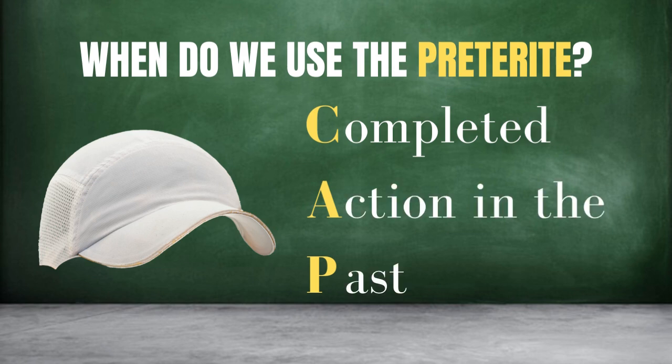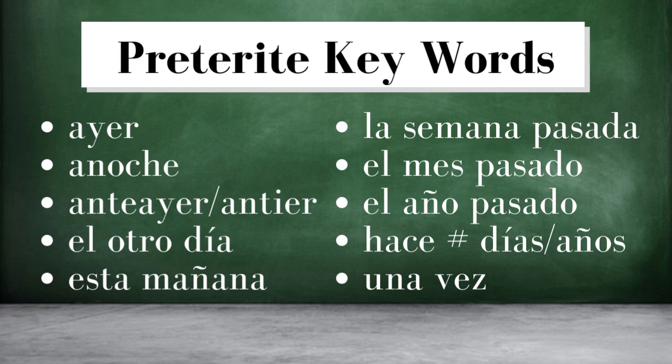We also learned that we use the preterite tense whenever we see any of our preterite keywords in the sentence. Do you remember some of the preterite keywords? Great job! These are some of the keywords that will let you know that you have to use the preterite tense. Ayer, meaning yesterday.